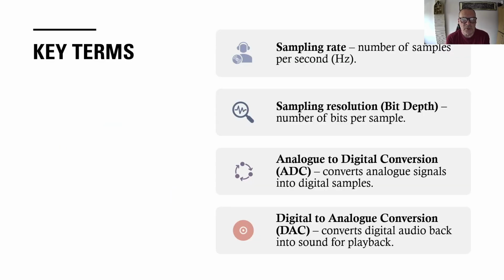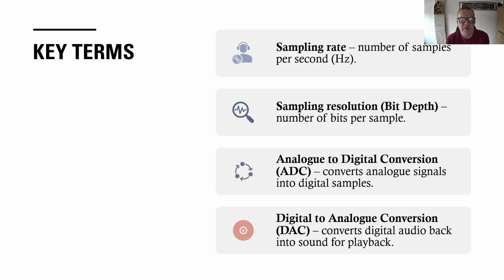So some terms that we use for this: the sampling rate is how many samples we take in a second. And like a lot of things that you measure in terms of how many times you've done it per second, we measure that in hertz. That's the frequency. How often do we measure in hertz? We also need to know what's called the sampling resolution, or bit depth, and that's the number of bits for every single sample.